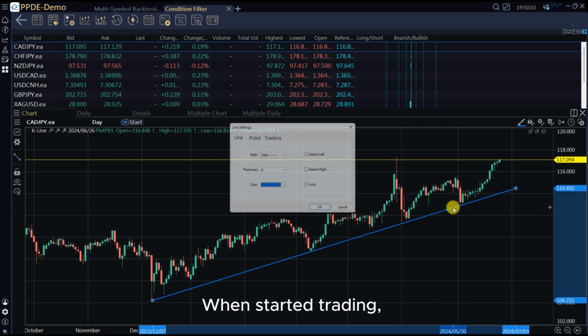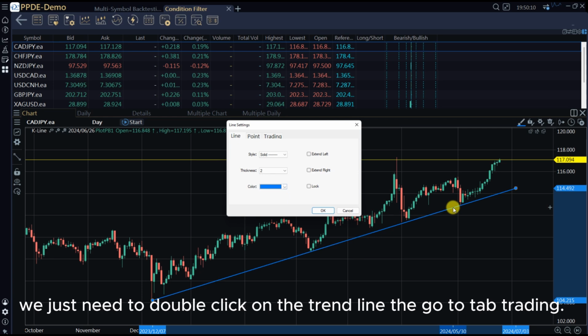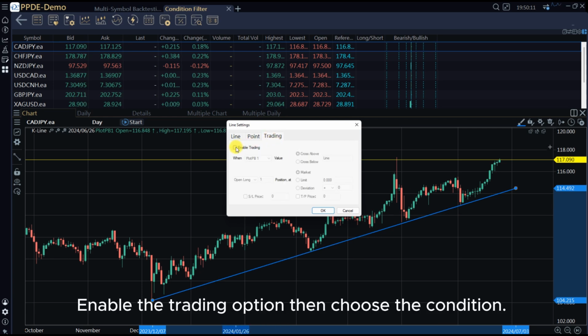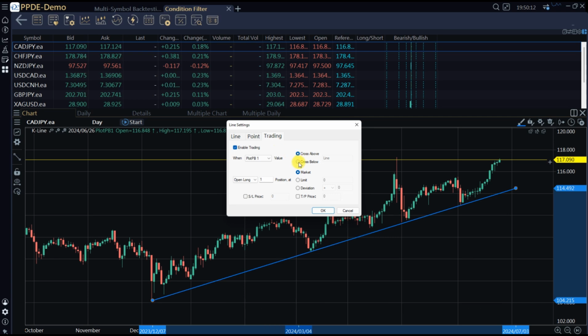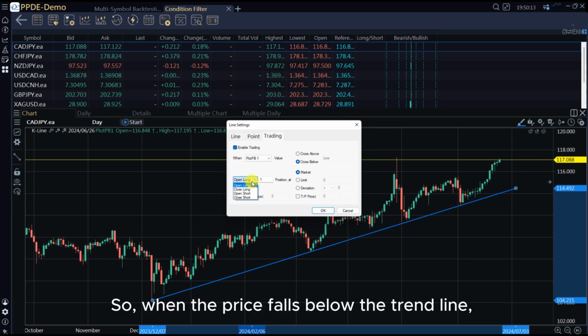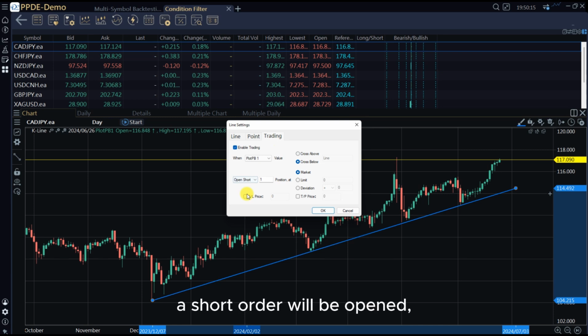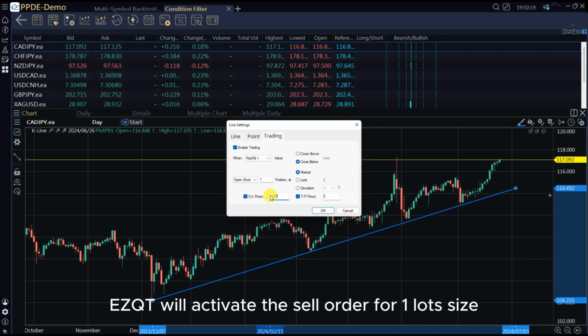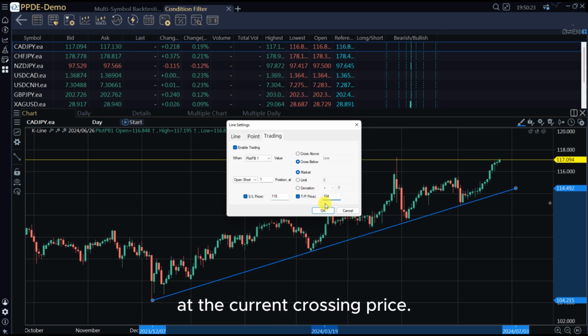When starting to trade, we just need to double-click on the trend line, then go to the trading tab. Enable the trading option, then choose the condition. I choose cross below. So, when the price falls below the trend line, a short order will be opened, which means that when the K-bar crosses the line I drew, EzQT will activate the sell order for one lot size at the current crossing price.